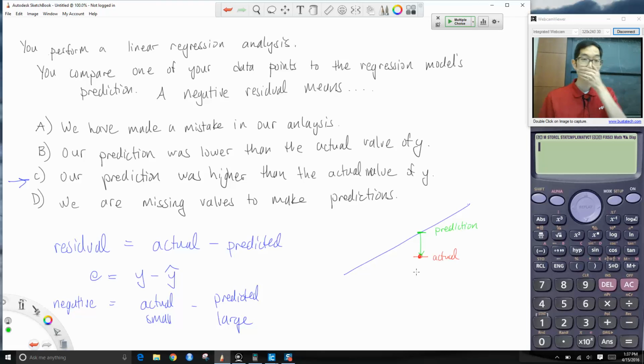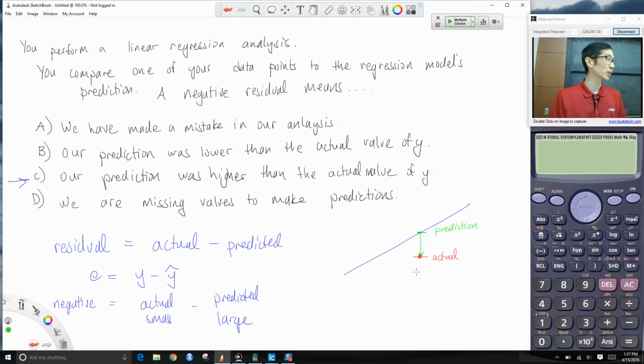An interesting thing is that if you don't square the residuals and you just add them up, the sum of the residuals will equal 0. Someone asked, are we talking about the data in total? If we look at all of the data in total, the sum of all of the residuals would be 0.